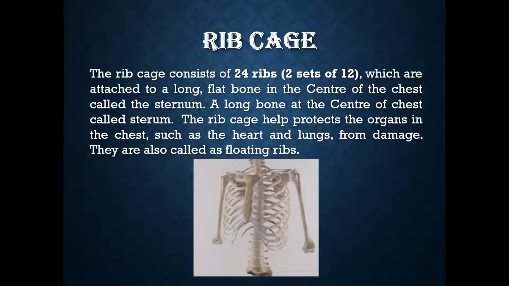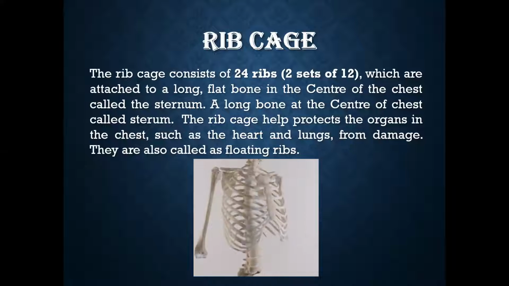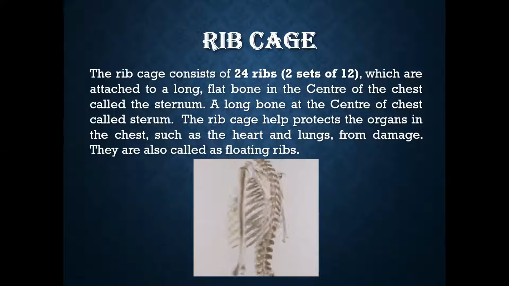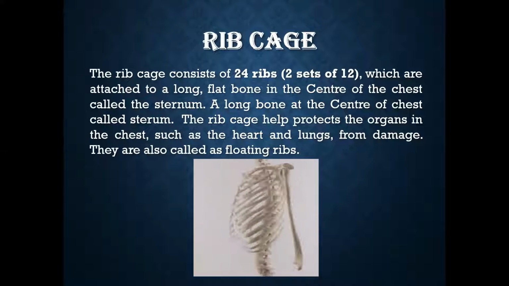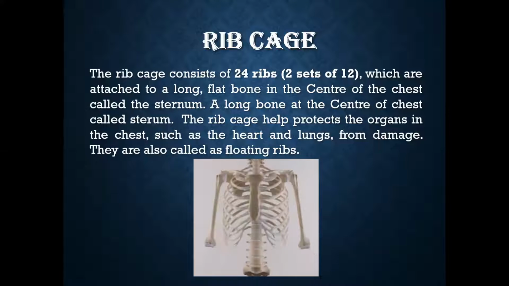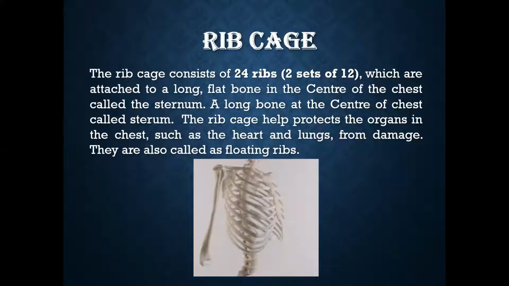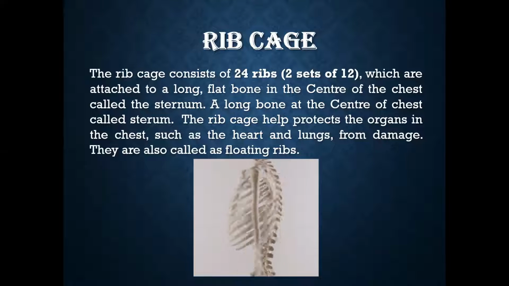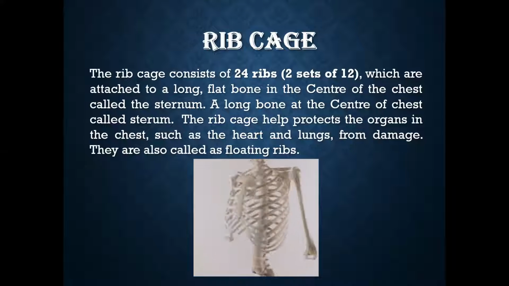A long bone at the center of the chest called sternum holds the ribs at the front. The ribs are also attached to the backbone at the back. The last 2 pairs of ribs are free and joined only to the backbone, not to the sternum. They are called floating ribs.